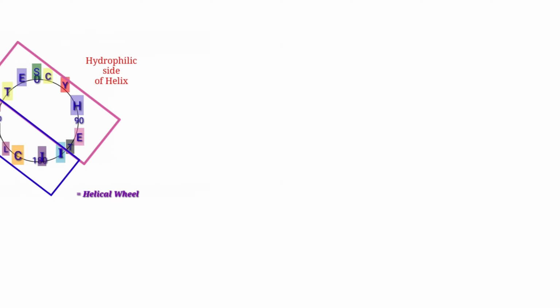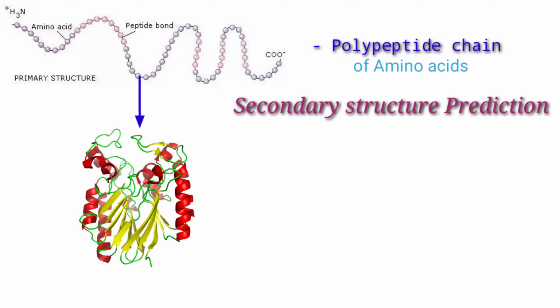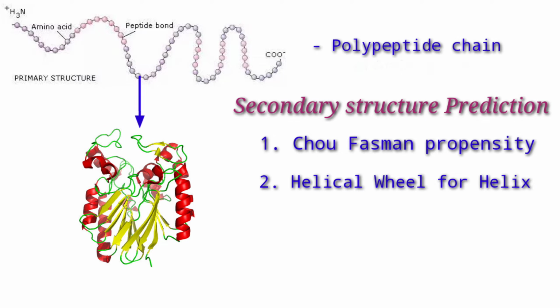interact with its surroundings. So we just have the chain of polypeptide where amino acids are attached together by means of peptide bonds. We can predict their three-dimensional structure on the basis of Chou-Fasman parameters, and we can also draw a helical wheel for alpha helices.